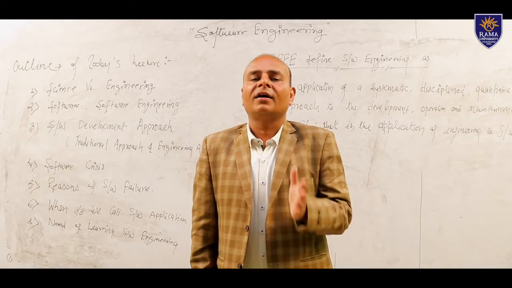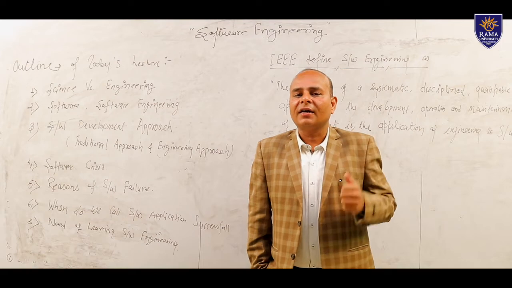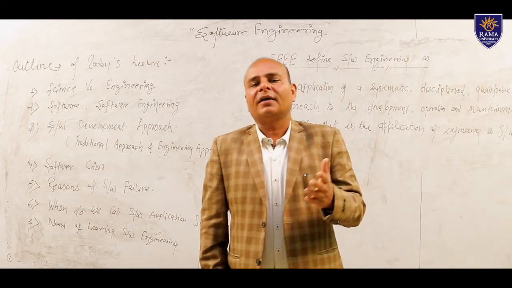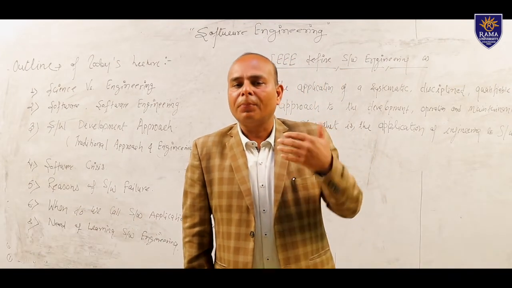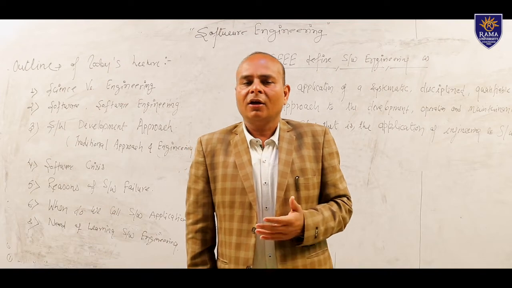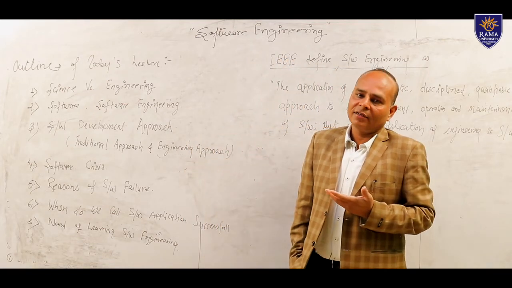That's why we want to learn this subject, so that we can understand the right approach of developing, operating and maintaining software. So this is all about today's lecture. Thank you very much.